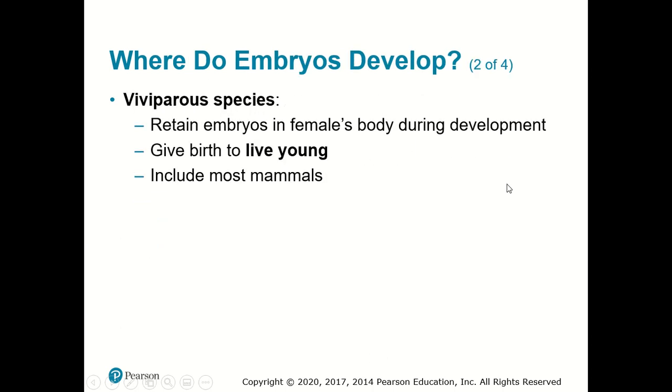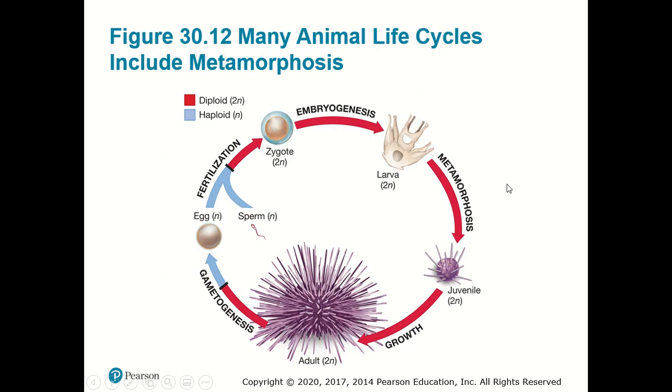And last but not least is the different types of life cycles within animals. So there's two phases within the life cycle of an animal. There's a diploid phase and there's a haploid phase. Recall the difference between the two.